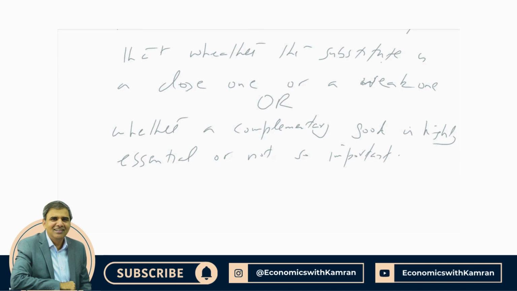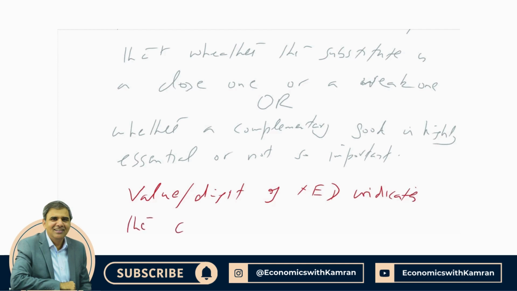So which part of cross elasticity tells us this? It is a number, the value of cross elasticity. It is the coefficient, the value, the digit of cross elasticity. It indicates, indicates would be a better word, the closeness of the relationship.